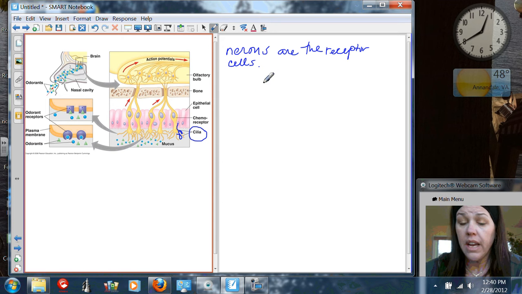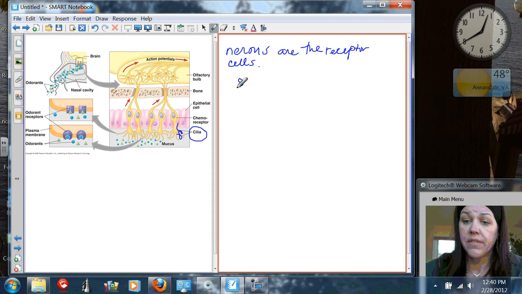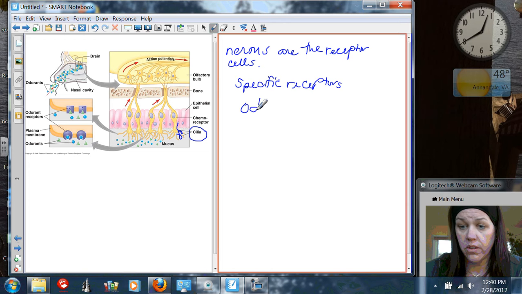So once again, the reception of this, very similar to taste, is going to have specific receptors. And those receptors are, instead of for tastants, these are for odorants.